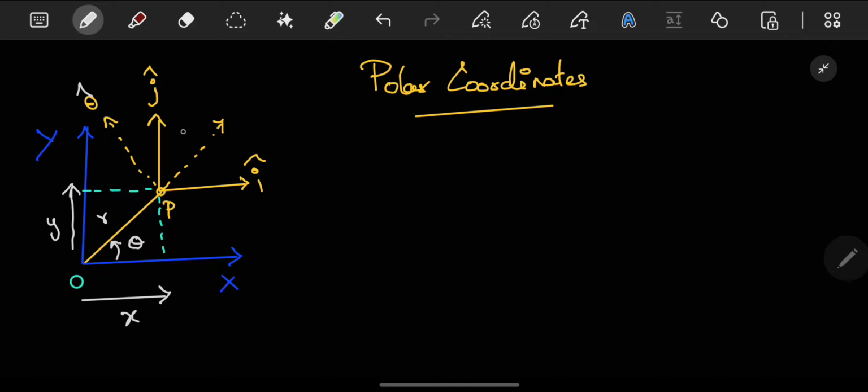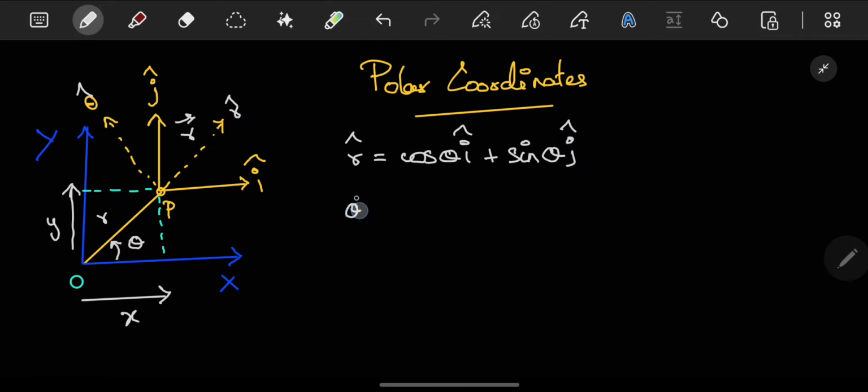And here this line is nothing but r vector, where the unit vector along the radius is nothing but r cap. So first we will write the equation for r cap, where r cap is equal to cos theta i cap plus sin theta into j cap.